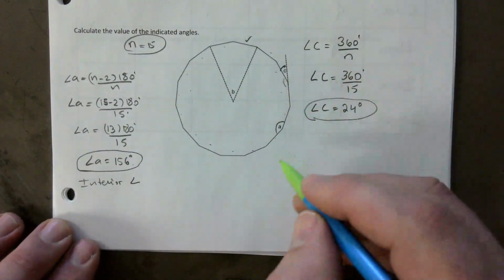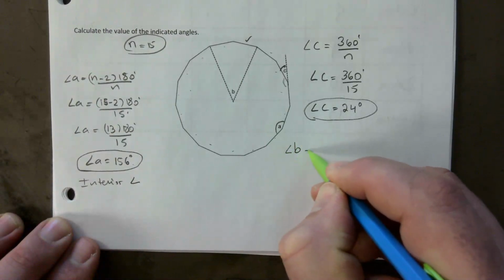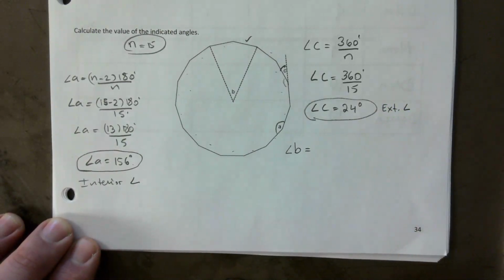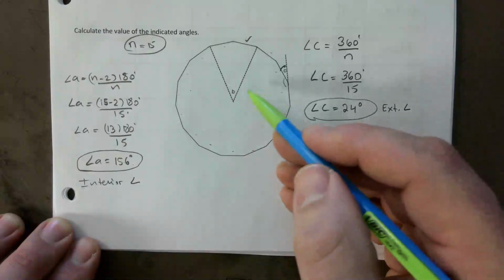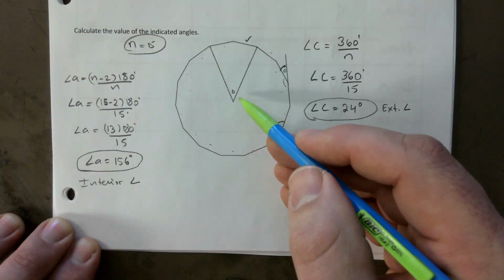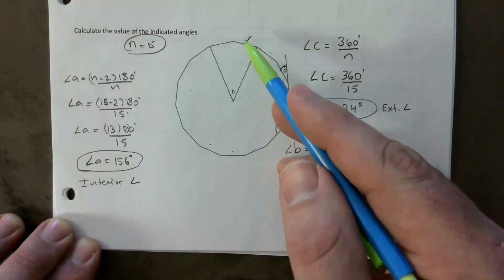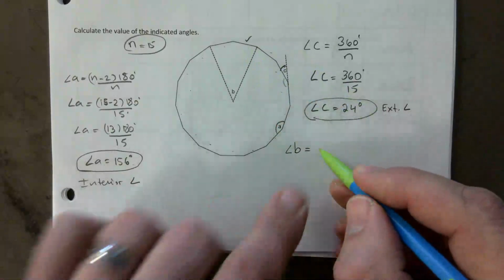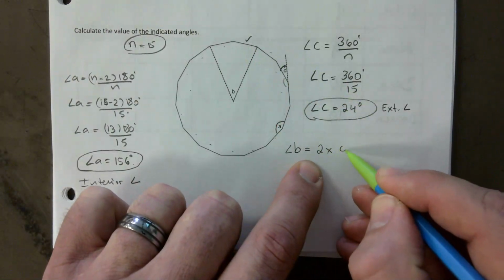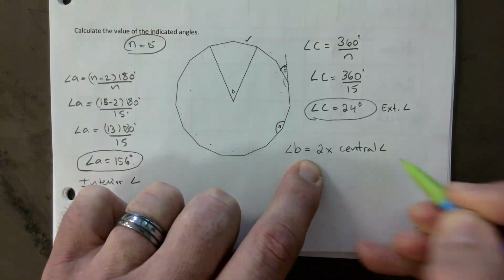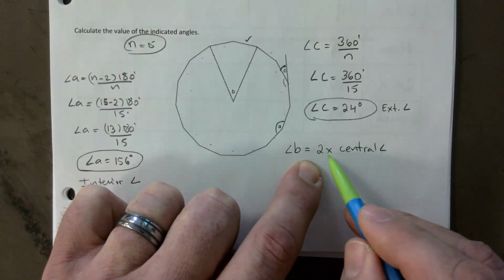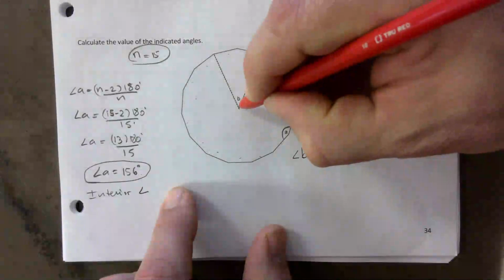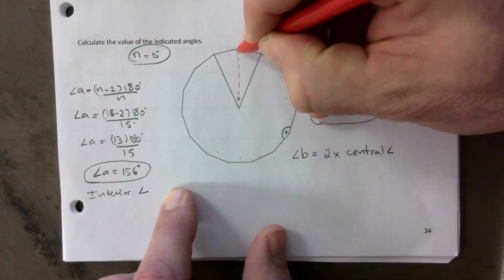What about angle B? I'll just make a note, this is an exterior angle. B is what? Look carefully. How many sides does it span? So we'll say right away it's 2 times a central angle, correct? Does that make sense? Because I'm going to use a different color, because technically B can be sliced up like this.